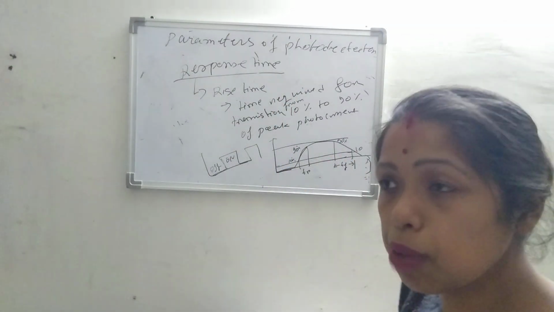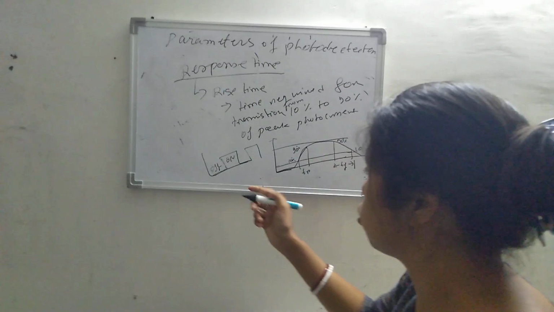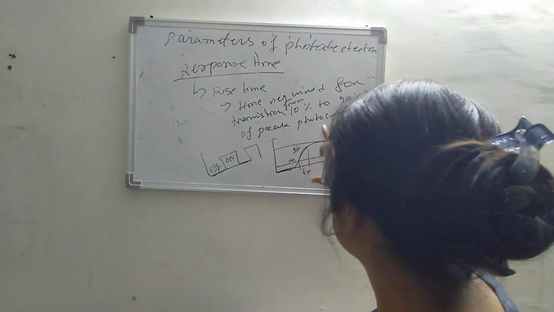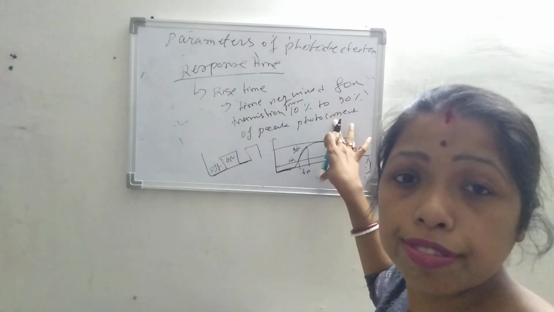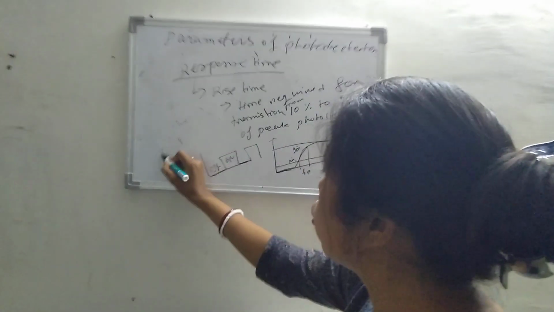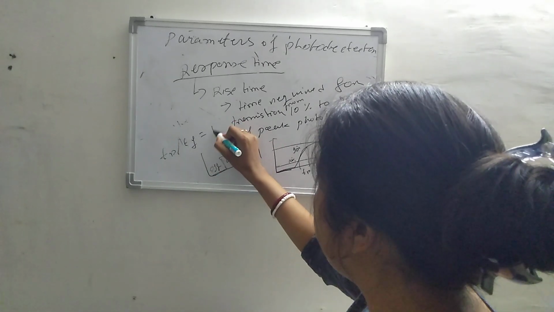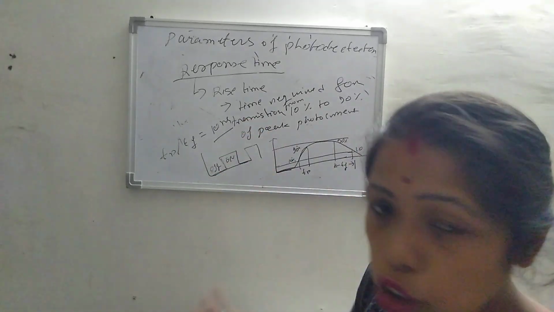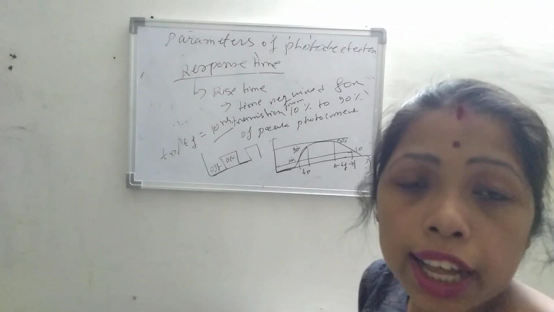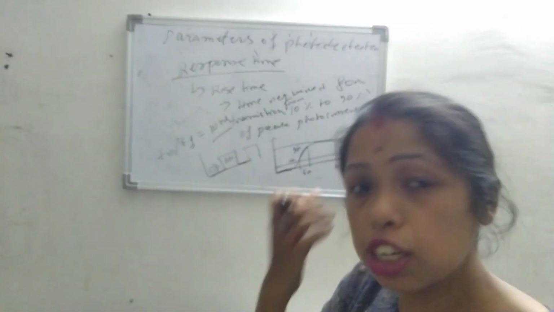We say a photodetector is fast if its rise time or fall time is in the order of nanoseconds, like 10 or 20 nanoseconds.